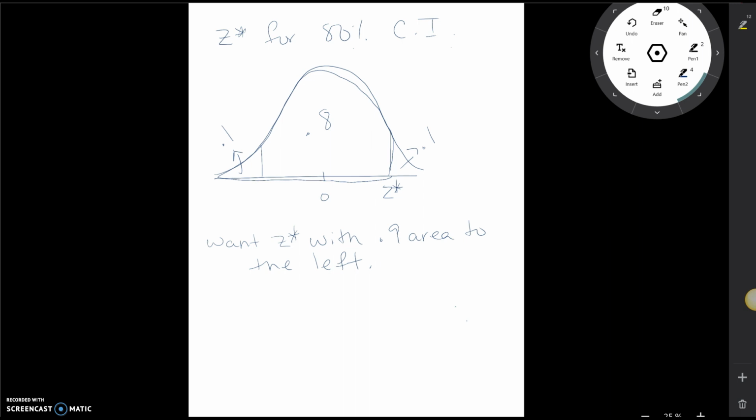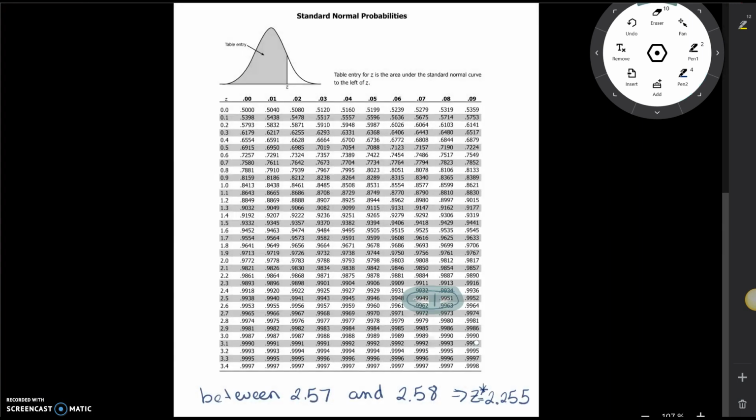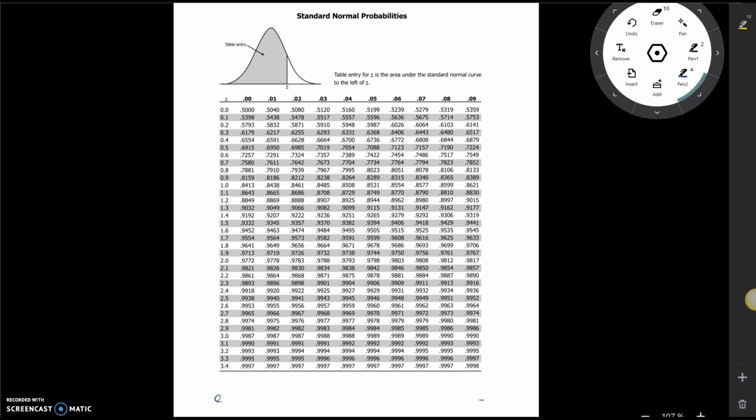Again, let's go back to our standard normal table and erase what we had before. Now I'm looking for 0.9 in my areas. Scanning across here, we see that 0.9 is between these two numbers. Now notice that 0.9 is not directly in between these. 0.9 is actually closer to this value right here.